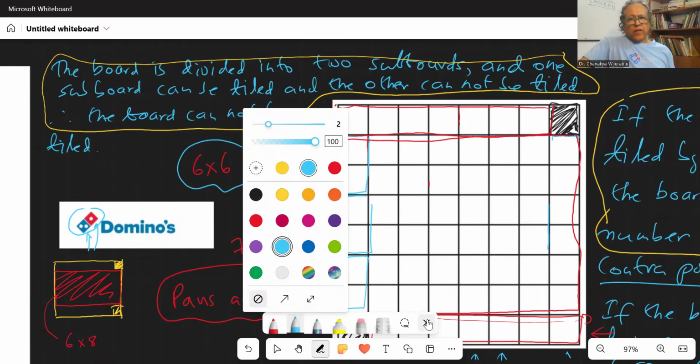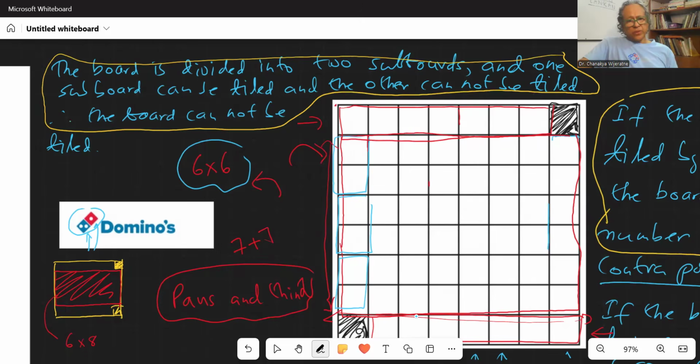Now, the rest of the board consists of here 7 squares and here 7 squares, and that subboard cannot be tiled, like in this example, right?